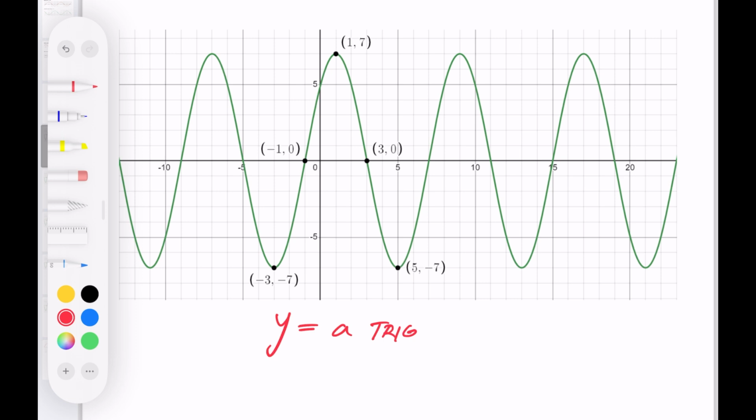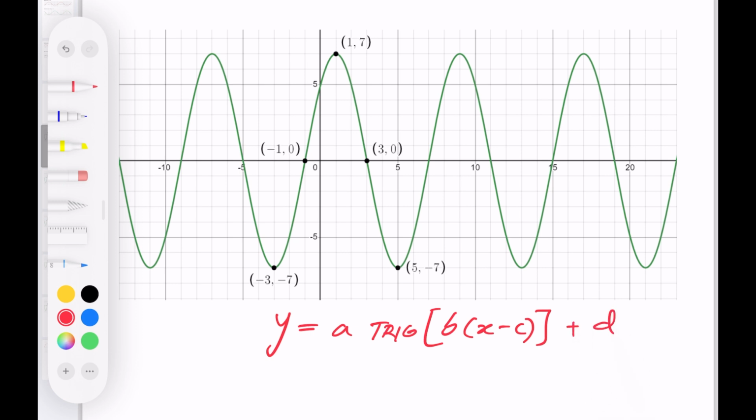We don't know what it is yet because it depends on the point that we selected on the graph as the starting point. Therefore, I simply wrote it as trig. And then, open brackets, you will have a b and x minus c, close brackets, and plus d.